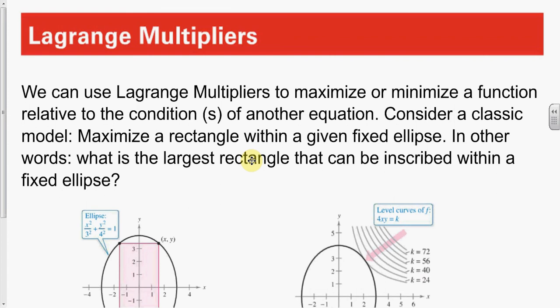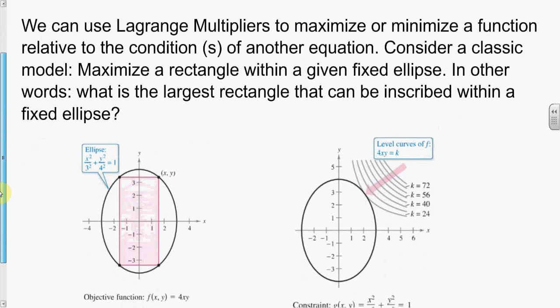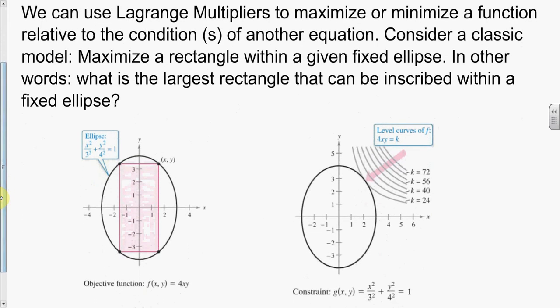Maximize a rectangle within a given fixed ellipse. In other words, let me scroll down so you can see it. If the ellipse is fixed and we don't know the dimensions of the rectangle, we do know the ellipse is given by the equation x squared over 9 plus y squared over 16 is equal to 1.